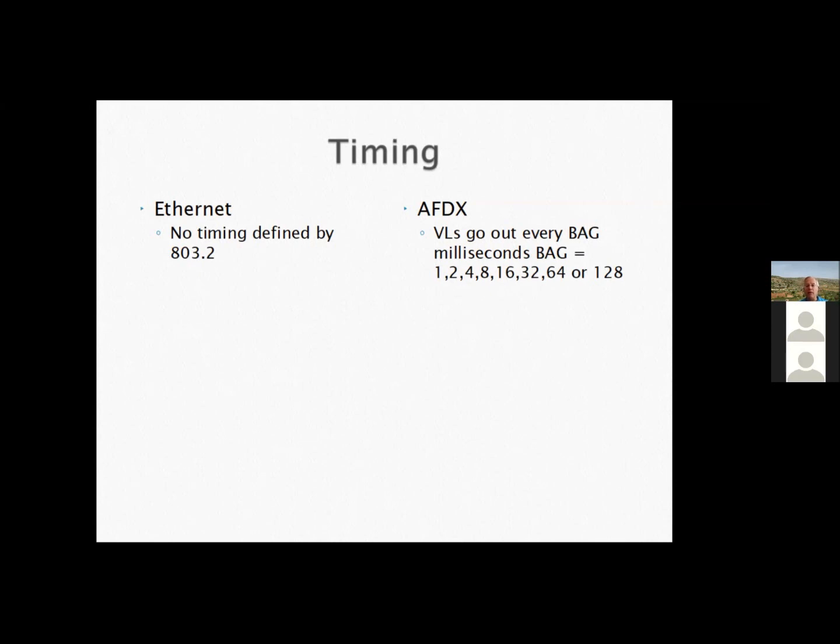I'll send that every 128 milliseconds. If I'm my radar, on the other hand, which is telling me about some dangerous thing that's in front of me, I want to know that every millisecond. So I get to choose for every kind of information how often it gets transmitted. And the range is every millisecond to every 128 milliseconds.